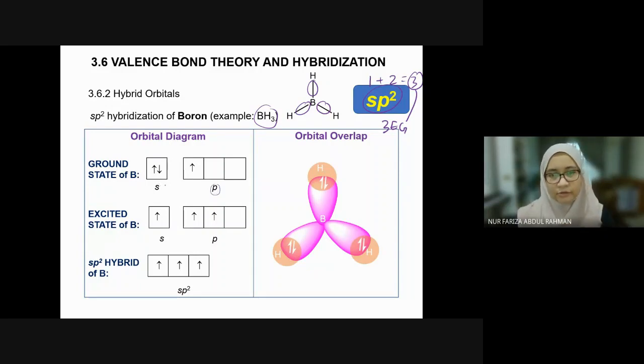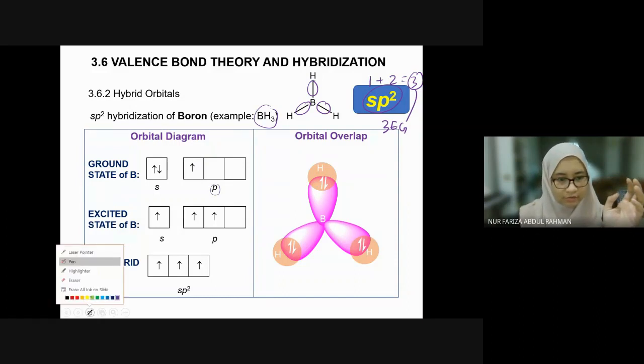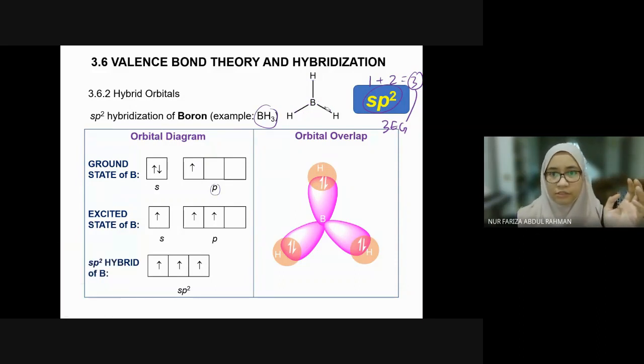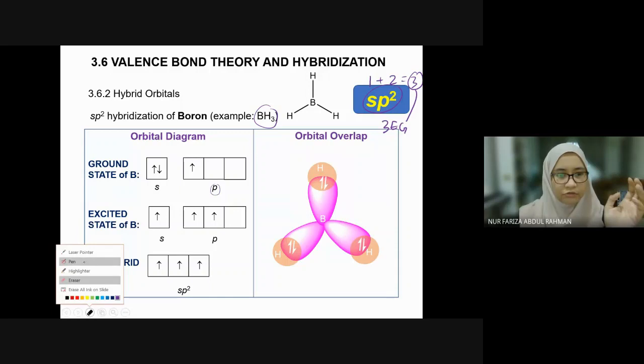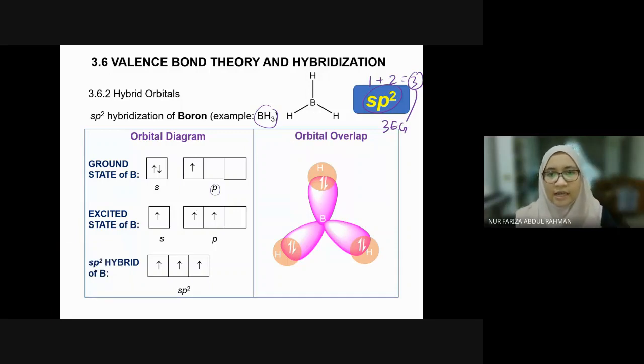All right. So okay, logically speaking, kalau kita tengok dia punya Lewis structure just now, from the Lewis structure we should have an idea that boron needs to share 3 of its electrons with 3 hydrogens. Nampak tak? Dia kena share with 3 hydrogen.